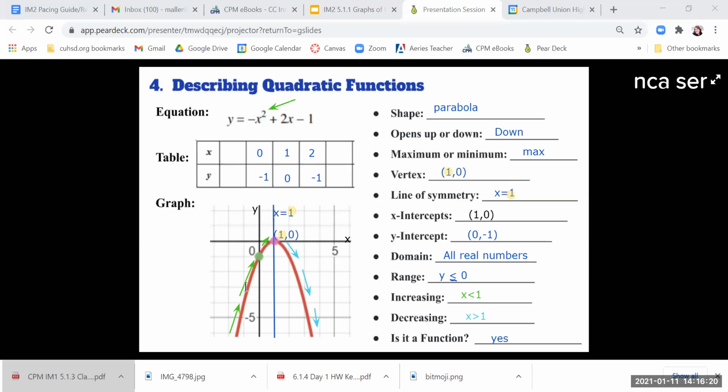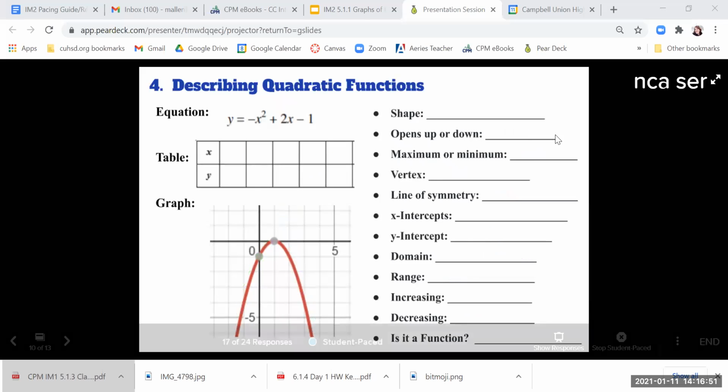And then let's go further. It looks like we have one down here at (-1, -4). And on the right, a symmetrical point from that is at (3, -4). And you can see how in the table we have this symmetry, -1 and -1, -4 and -4 on either side. Okay.